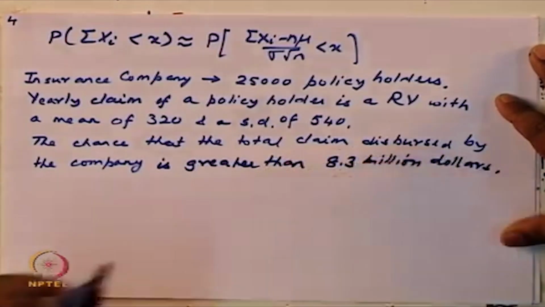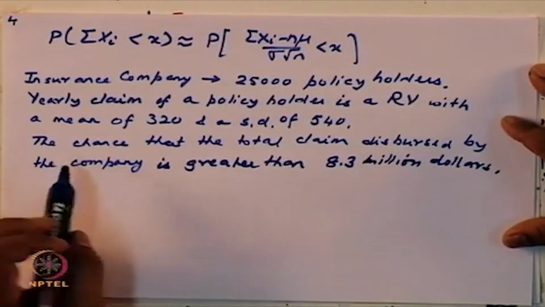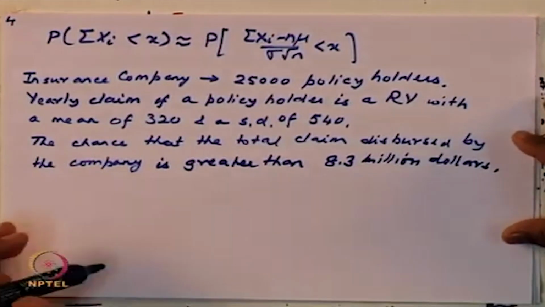Okay. So, this is what we want to compute, the chance that the total claim is greater than 8.3 million dollars.